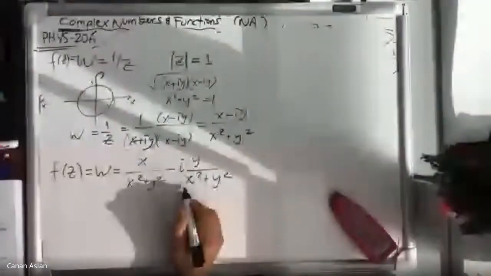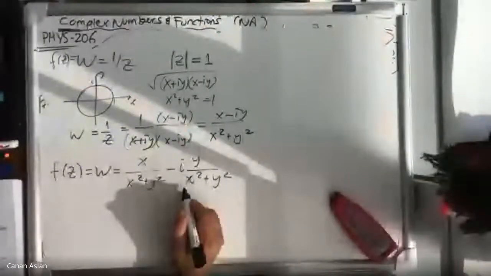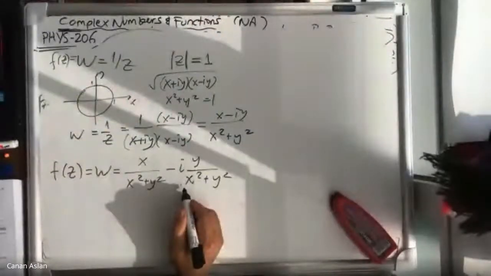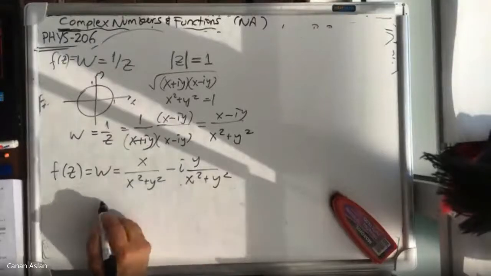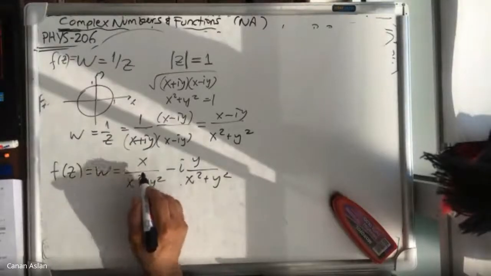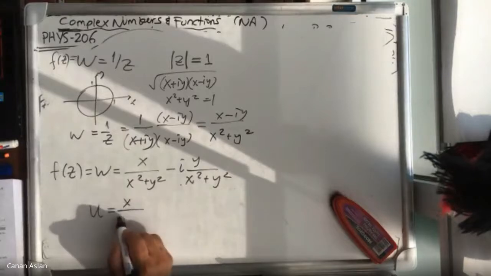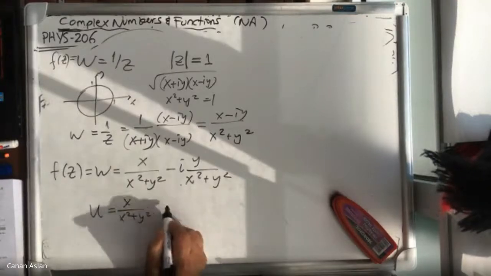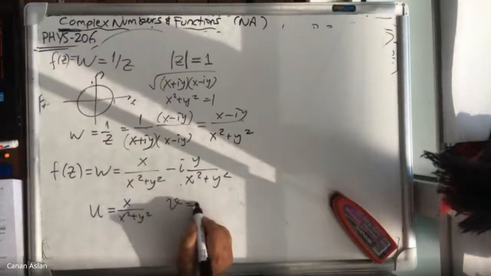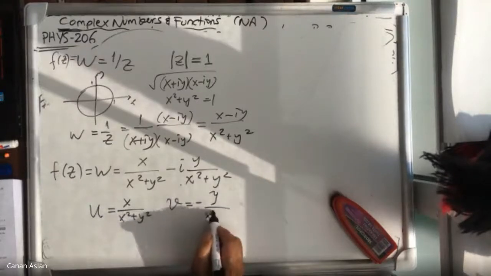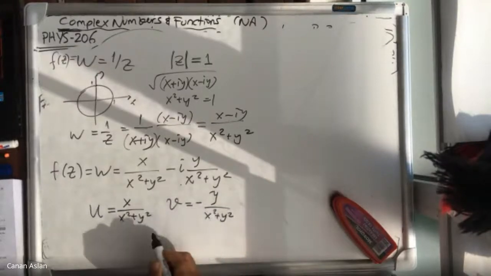Now we have u equals x over x squared plus y squared, and v equals minus y over x squared plus y squared.